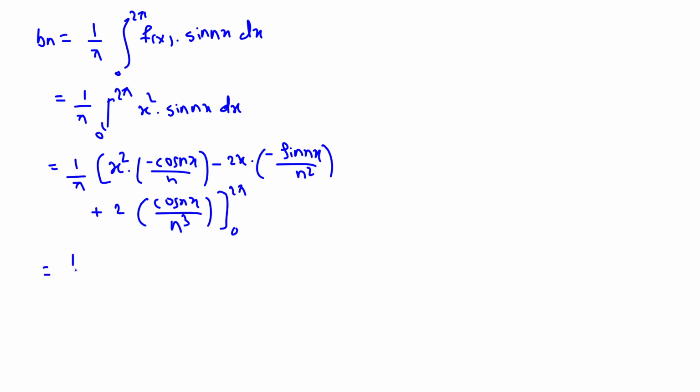So here 1 over pi, now you can see second term only has sine term, right? So the second term will become 0 and first term and third term will be as it is.